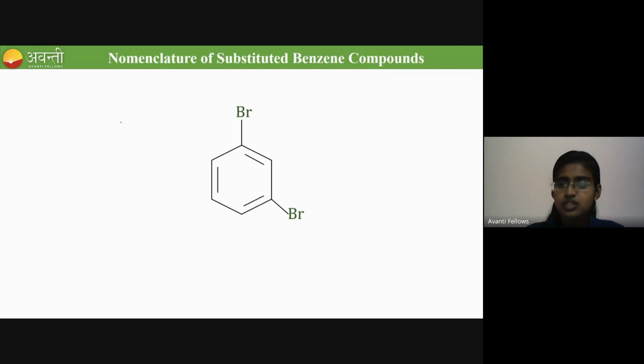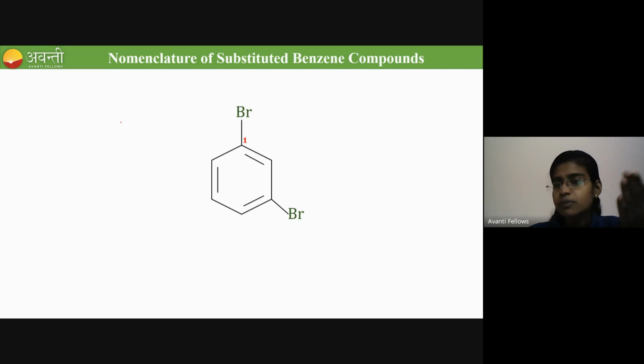Coming to the aromatic system which has more than one substituent attached to the ring. Here in this compound, you can see that there are two groups attached. Both substituents are the same, which is bromo. Now how to name this? If more than one substituent is attached, then you have to number the carbons to which the substituents are attached. Now how will you number?